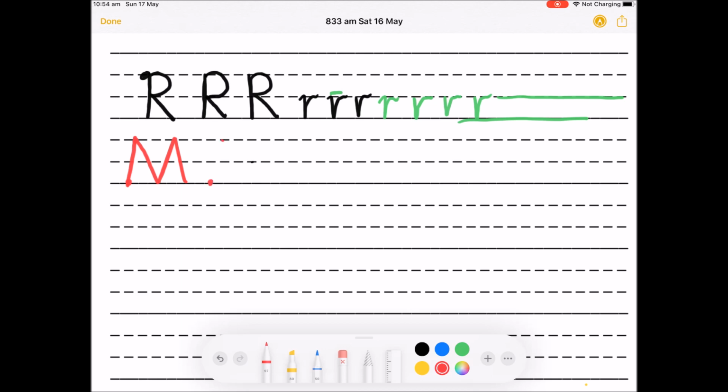So he has 1, 2, 3, 4, 5 points of start and turn around. Let's do it again. Up, down, up, down. So all nice straight lines.